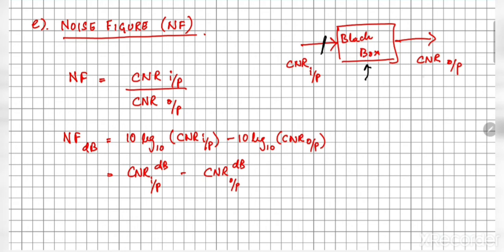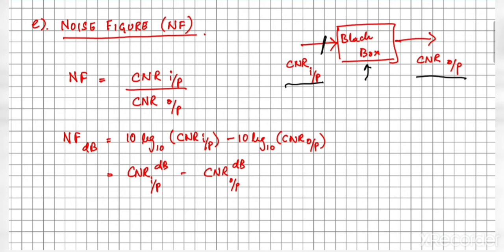So a noise figure of 1, or equivalently a noise figure of 0 dB, corresponds to an ideal block which does not degrade the carrier to noise ratio at the output as compared to the carrier to noise ratio at the input. And it can still be an amplification or attenuation block.